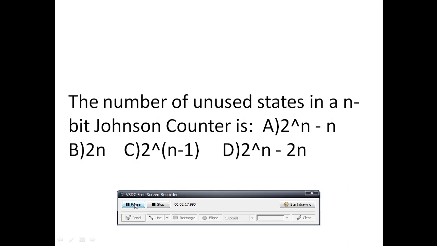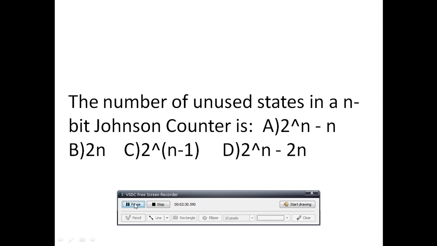For example, for the input clock at the zeroth state of the clock, let us assume the initial states of all the flip-flop registers are 0, 0, 0, 0 as shown. But the output of the fourth flip-flop, Q4 bar, the complement of Q4, is nothing but 1.